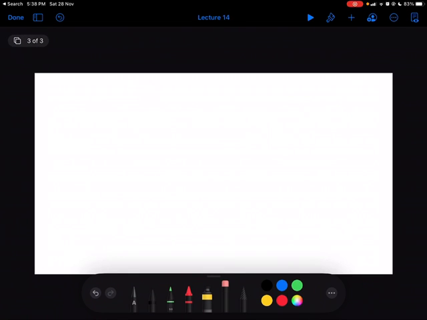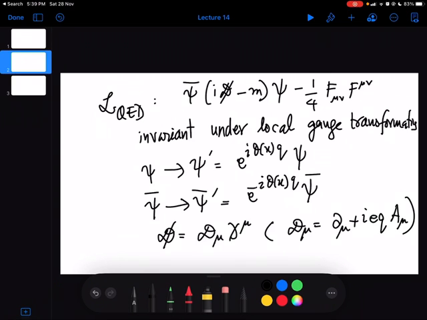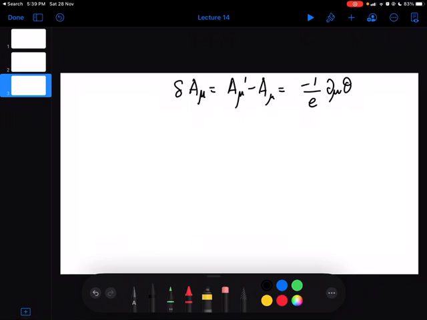And delta A mu, which is A mu prime minus A mu, is equal to minus 1 by e del mu theta. Okay, this is precisely what we have seen for the scalar case. So there's no difference as far as this thing is concerned.